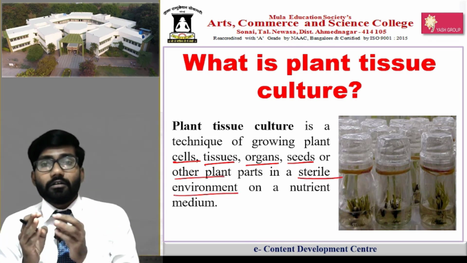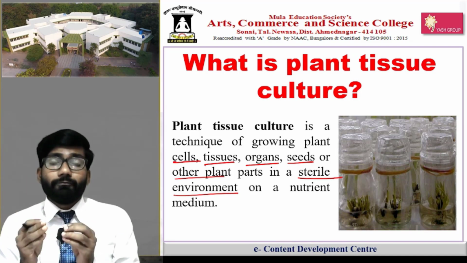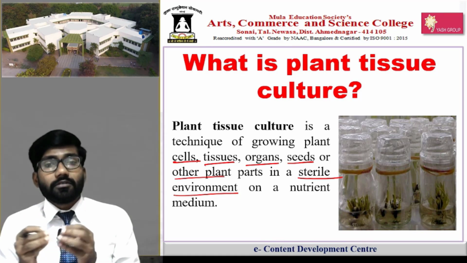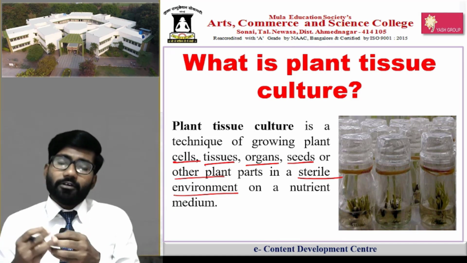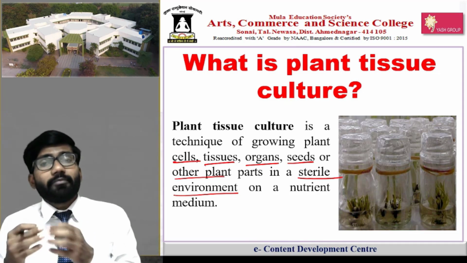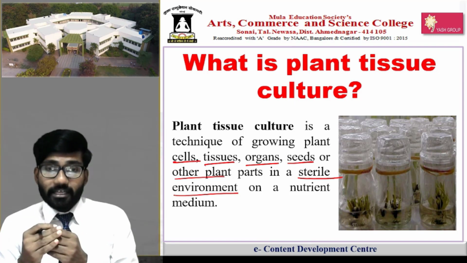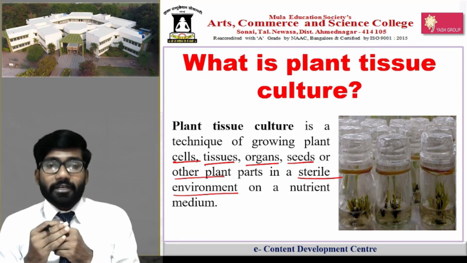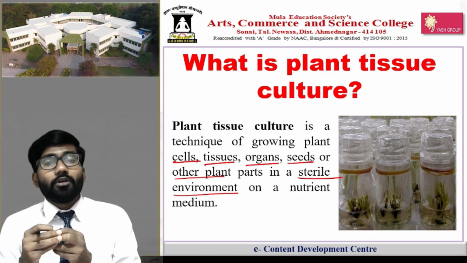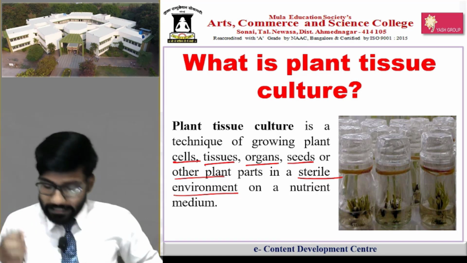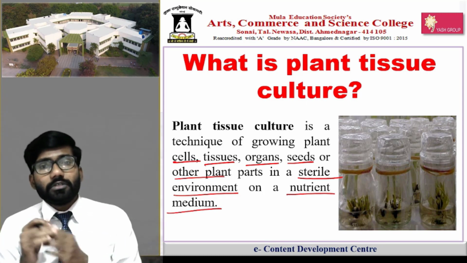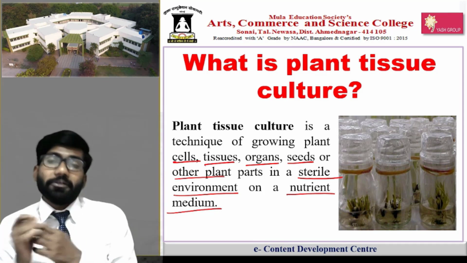We select a sterile environment because growing plants or tissues can also grow microorganisms. That's why we select a sterile environment, to avoid other microorganisms. And the cells grow on the nutrient media. Okay, I think you easily understood what is meant by plant tissue culture.